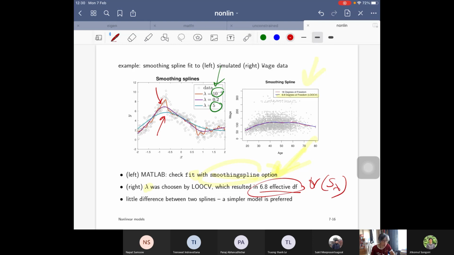That's the trace of S lambda. Compared to the 16 degrees of freedom, look at the graph: visually they are quite the same in terms of the fitting. And of course, if we have to make a decision, we can pick a simpler model.